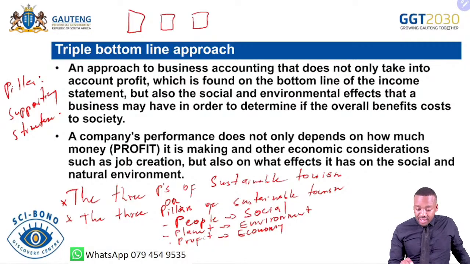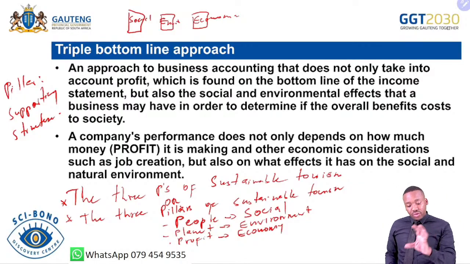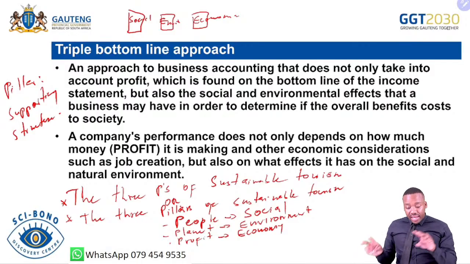The first one, obviously, will be our social pillar. Then the second one will be our environmental pillar. And then the third one will be our economic pillar. Right. So without looking at the impacts of tourism on the social, then the environment will also be affected. Without looking at the impacts of tourism on the economy, then the other 2 pillars will also be affected.